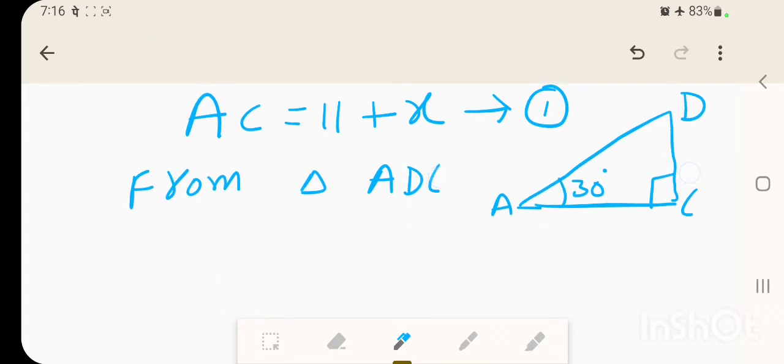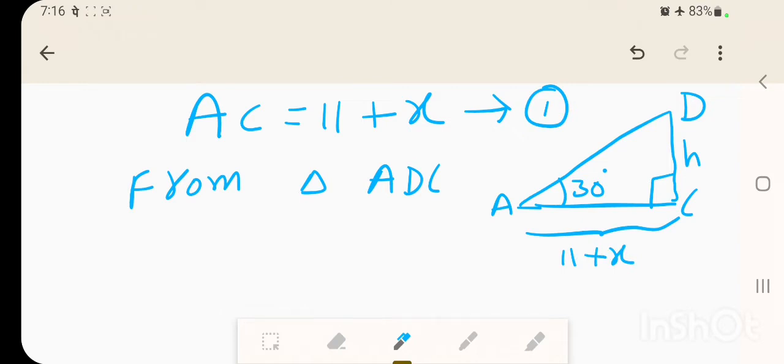The angle of observation is 30 degrees. Now DC we have taken as H only, but AC we have already taken as 11 plus X.